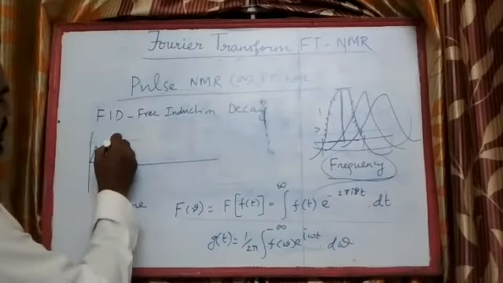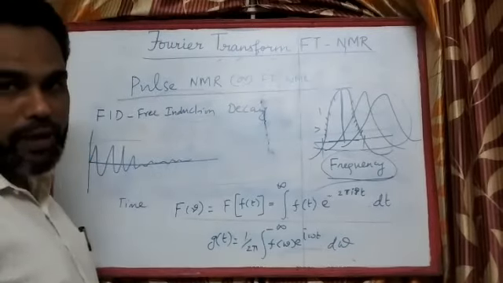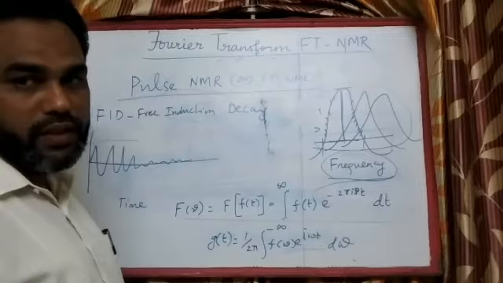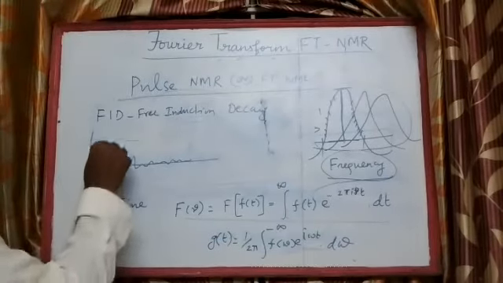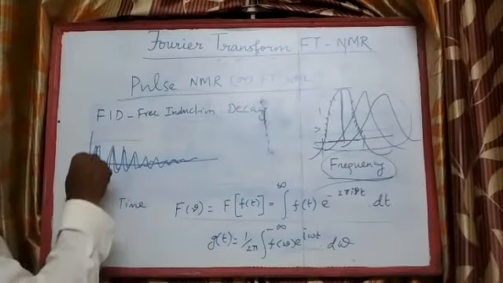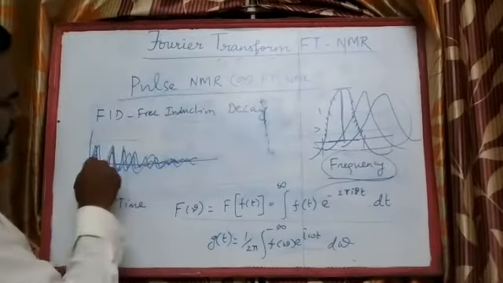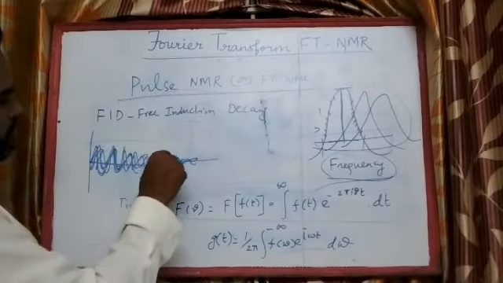Say, for example, this is the frequency of one particular resonated nucleus, and if you have another nucleus, another resonation takes place here. Similarly, two or three or many resonations are superimposed.